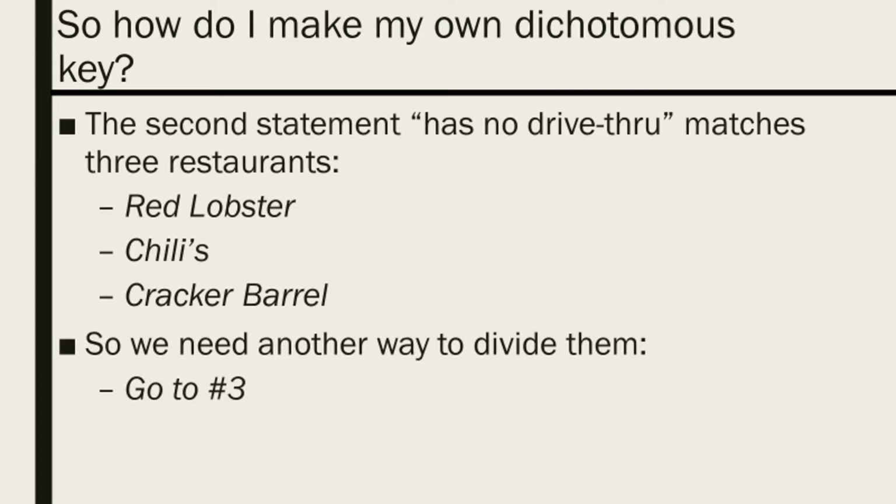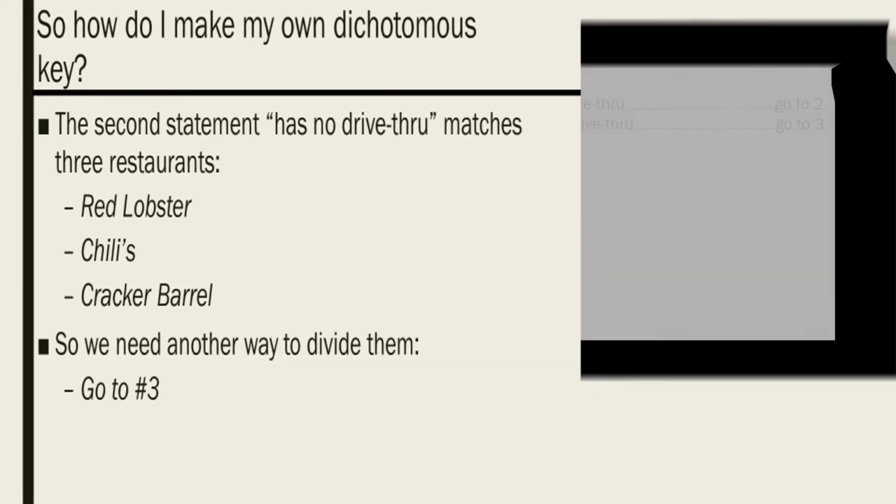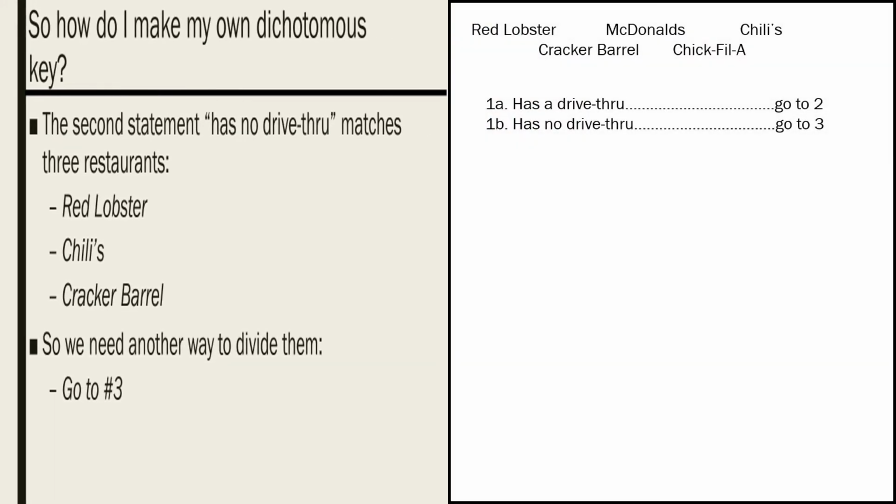The second statement, has no drive-through, matches 3 of them: Red Lobster, Chili's, and Cracker Barrel. So we need another way to divide them as well, and it'll say go to number 3, which we can see here with our dichotomous key.